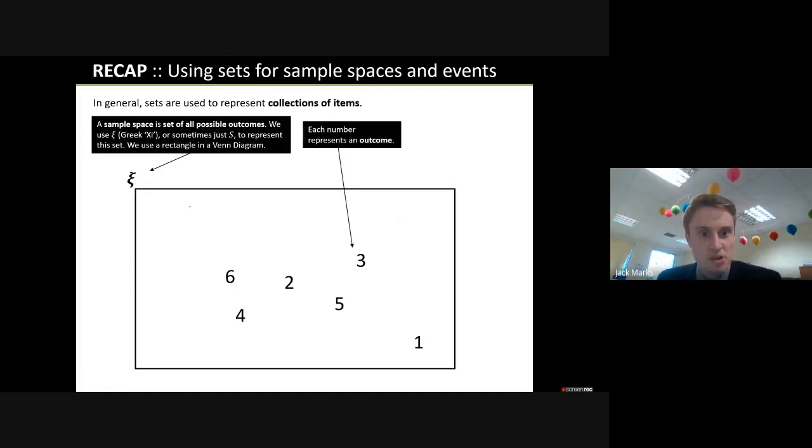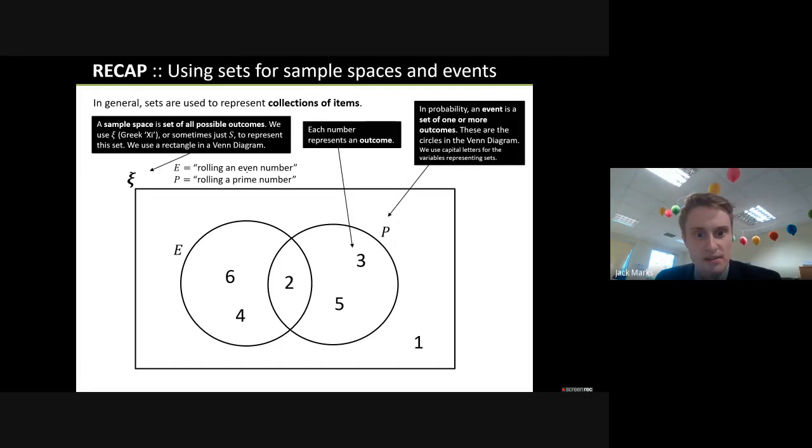So a sample space shows all of the possible outcomes, and we're using this to represent the outcomes from rolling a dice. Everything inside the E circle means it belongs in that group. You are in that group if you are anywhere inside the circle. So 2, 4, and 6 are inside the E circle because they are even numbers.